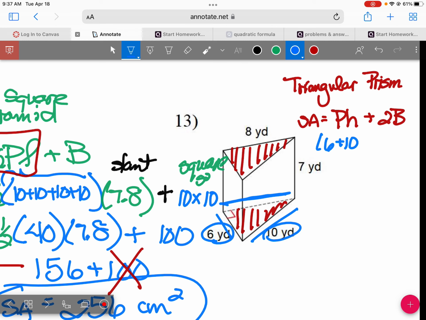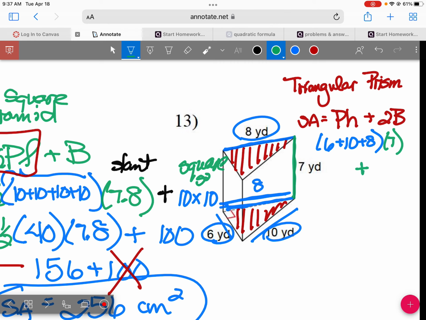Oh man, did they not give it to us? Do we have to do Pythagorean theorem? Well, we don't actually, because take a look up here. That length is the same as this length. So this is 8, so that means this is also going to be 8. So 6 plus 10 plus 8 times the height of the prism from one base to the next. So from this base up to here, that is a distance of 7.